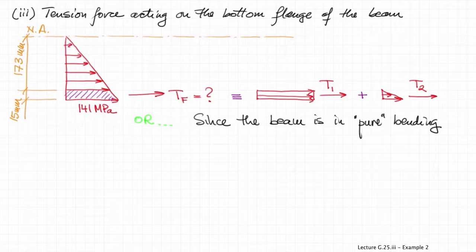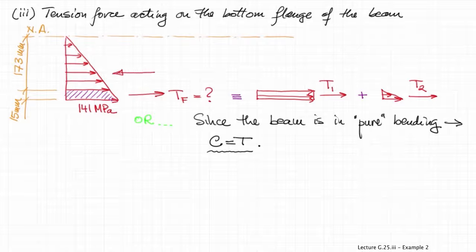So in other words, there is no axial force across the section. So then the total compression force must equal the total tension force in this case.